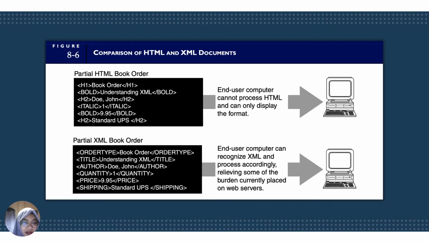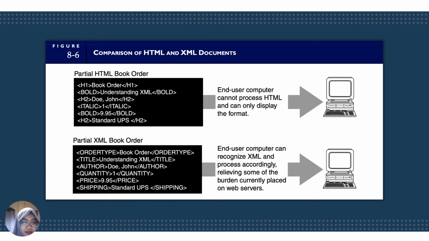In the HTML example, the tags have predefined meaning. They describe how the attributes will be presented in a document, while the book order in this example can be viewed visually but its facts must be manually entered into the bookstore order entry system for processing. In the case of the XML order, the tags are customized to the users, and the user's application can read and interpret the tag data.